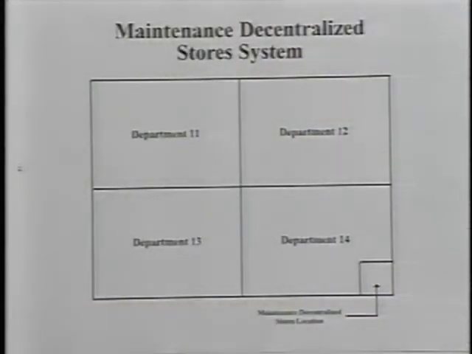Now, the next exhibit shows us a decentralized location for a mini storeroom in a decentralized storeroom environment. The items that are in there are used primarily for the 4 operating departments that are shown on this exhibit, and there is a pre-printed document, which is actually the pick ticket, which identifies by part number, description, unit of measure, the bin location within that storeroom.